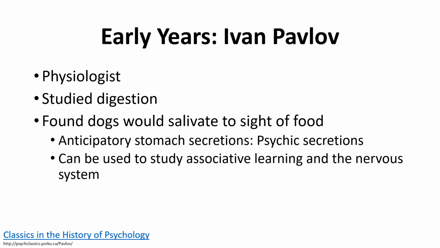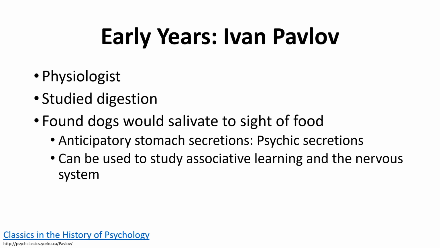So they called these anticipatory stomach secretions, or sometimes psychic secretions because of that predictive nature. And the general public really didn't care about these psychic secretions. They weren't interested. The research, when it was presented that way, didn't really get anyone excited for it.